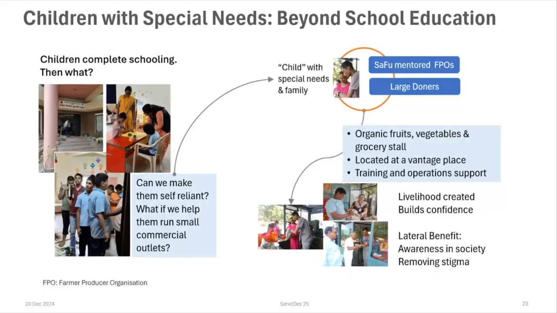There is another important part here, where the ecosystem of SAFU's work itself was leveraged. SAFU currently is mentoring about 30 odd what are known as farmer producer organizations, which is a unique structure in India. I'd encourage you to go and look up what it is.